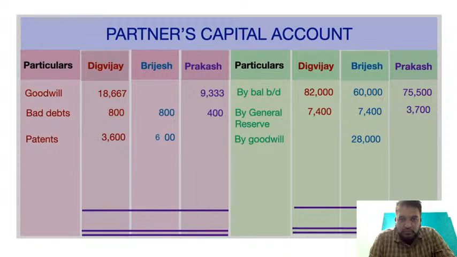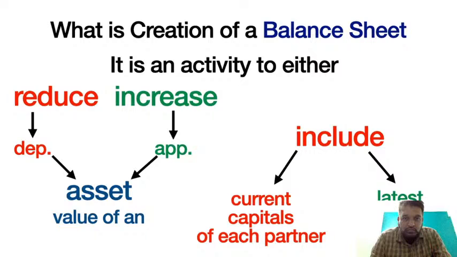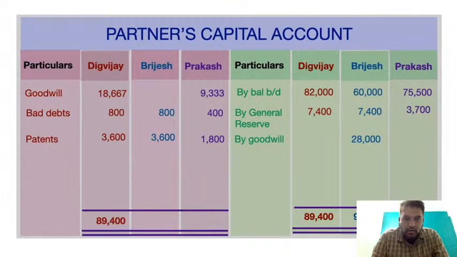Okay, before this, as you can see, 3,600 for patents: Digvijay will pay from it, Brijesh will pay, and 1,800.